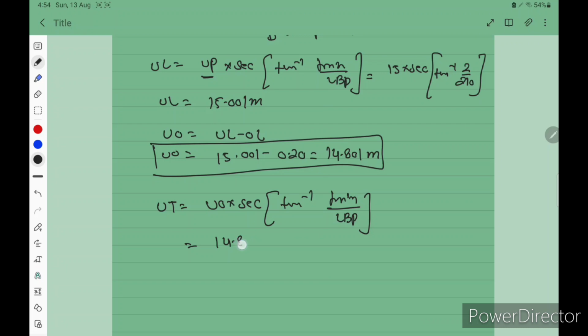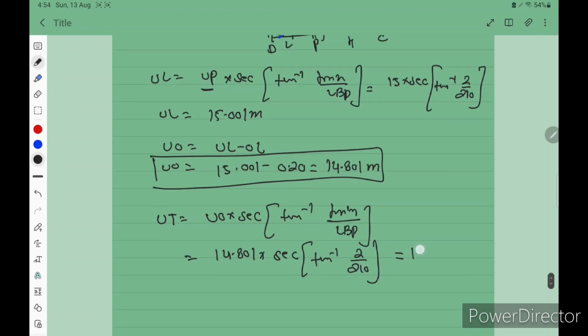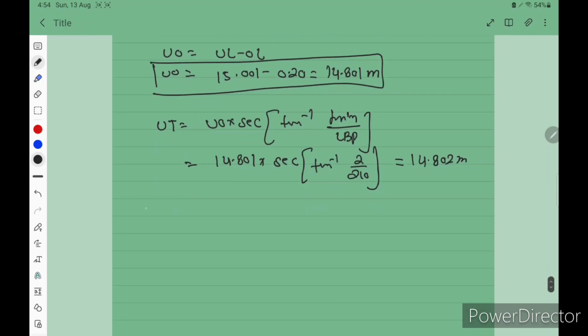So 14.801 into sec tan inverse 2 by 210, we get 14.802 meters. So we can find TP because we know UP and UT. UP minus UT is equal to 15 minus 14.802, which is 0.198 meters.